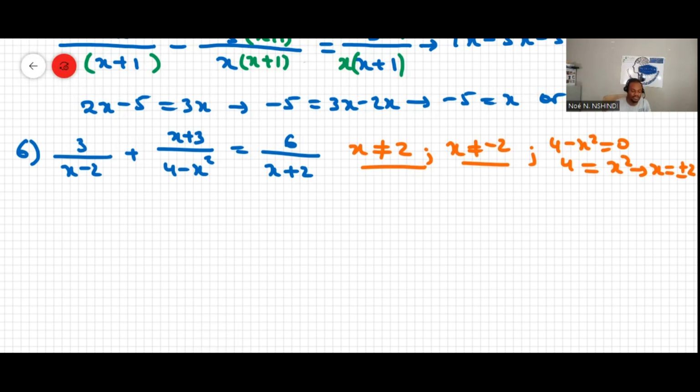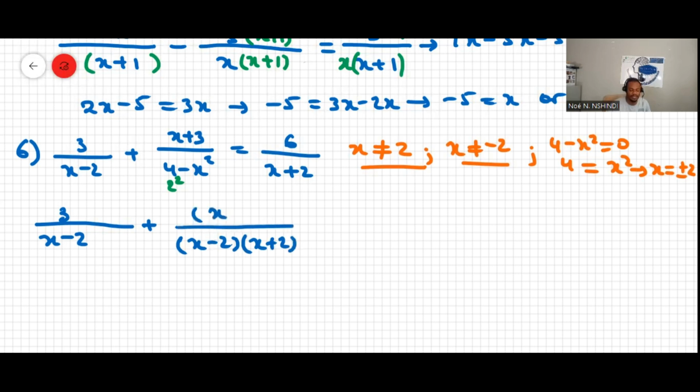I prefer to factorize this. So we have x minus 2 under 3, plus 4 minus x squared, which can be written, since 4 is a square number, the square of 2, by applying the difference of two squares: 2 squared minus x squared. This will be x minus 2 times x plus 2, under x plus 3.